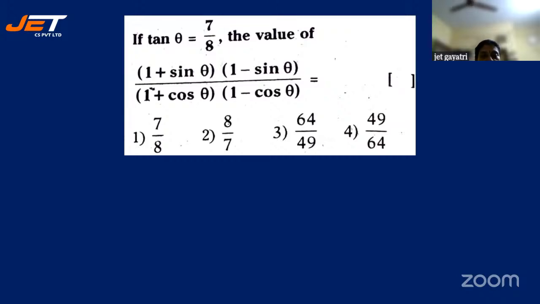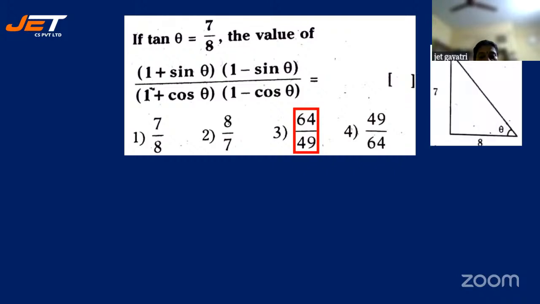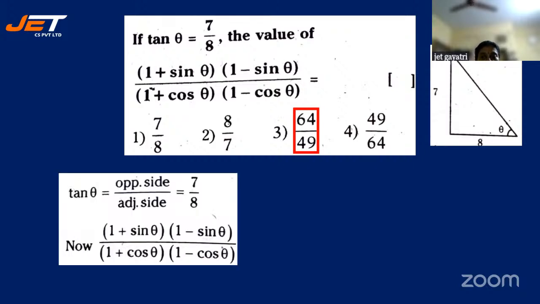If tan theta is 7 by 8, what is the value of (1 plus sine theta) into (1 minus sine theta) by (1 plus cos theta) into (1 minus cos theta)? All right. So let's see here. Here we have tan theta as 7 by 8, which is opposite side by adjacent side. So with this, you can find out the value of your hypotenuse, 7 square plus 8 square, the whole root.